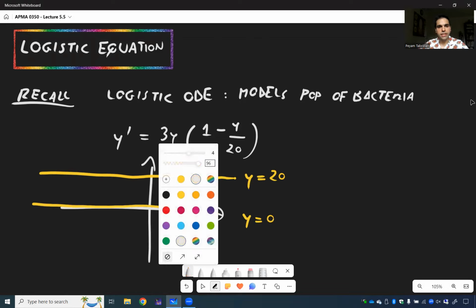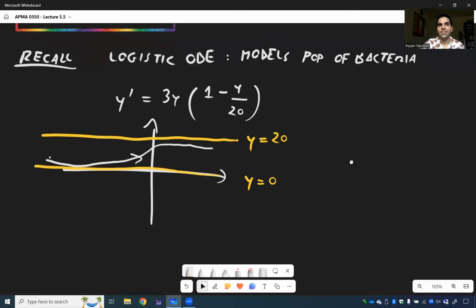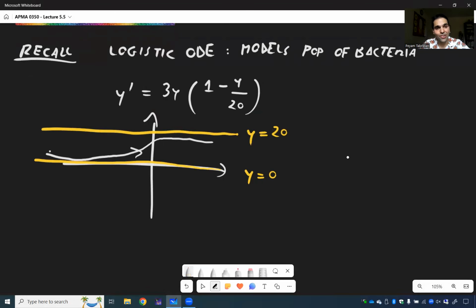And we said that, at least qualitatively, in between, the solution looks something like that, where it goes from 0 to 20. And now we really have all the tools that we need to solve this. So let's roll up our sleeves and do it.